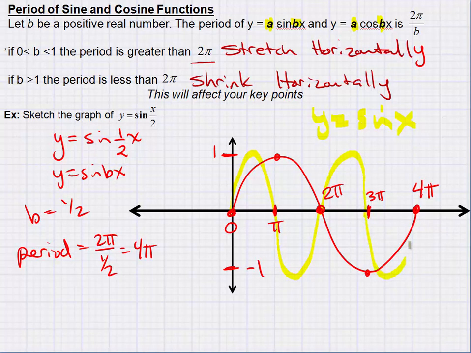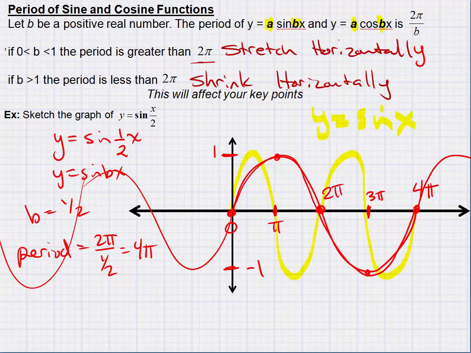Which means the original sine would have 2 full rotations in the time that it takes this one to do 1 rotation. Now remember that this graph really just continues on infinitely in all directions, okay? But this would be 1 period now of this new one, so this period has now changed.